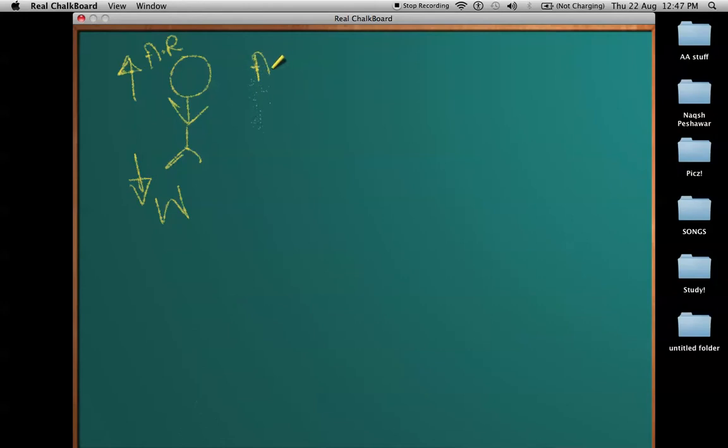So air resistance equals the weight of the man, which is, let's say, 800 newtons initially. So the air resistance would become 800 newtons.